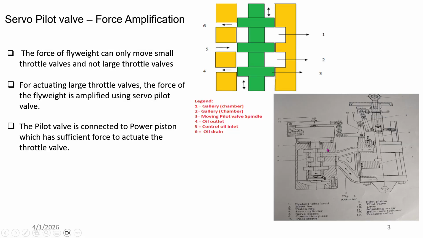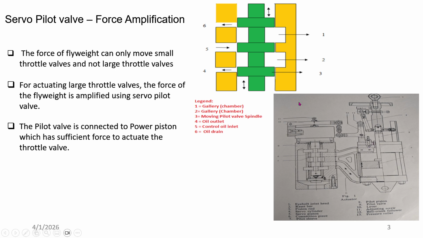Next is the pilot piston. The function of the pilot piston is very important, because operating the steam valve of a turbine is very critical. It requires a heavy force to operate the valve, because the steam valve is operating against high pressure on one side and low pressure on the other side. So high force is required.